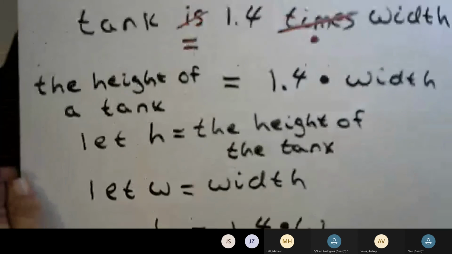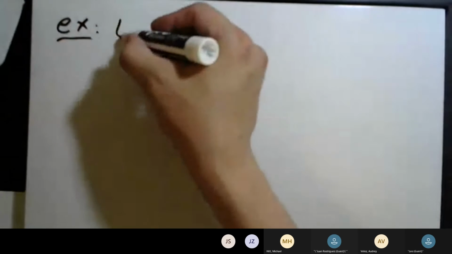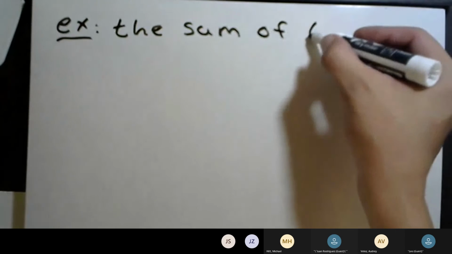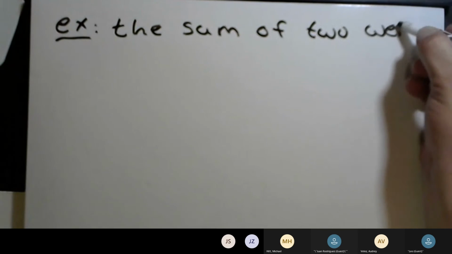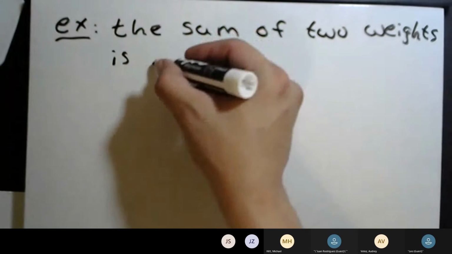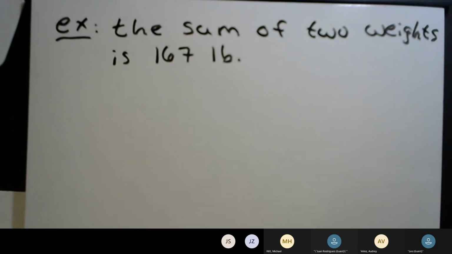So let me show you another one. The sum of two weights is 167 pounds.